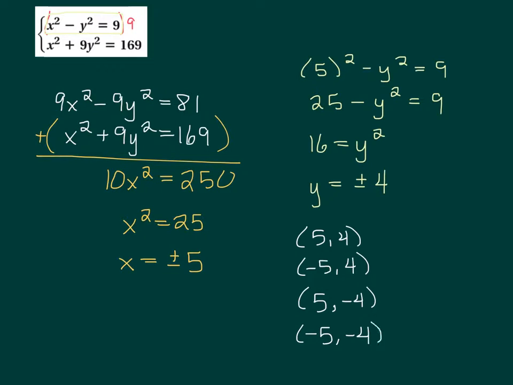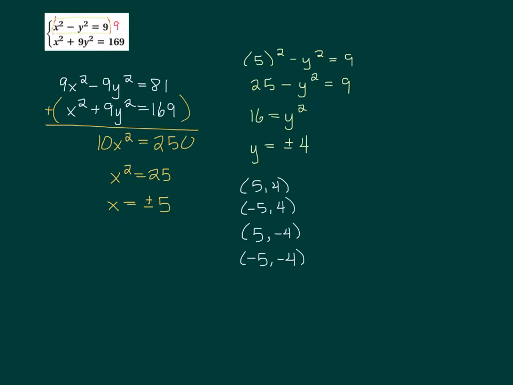Does it make sense that we would have 4 intersection points? What two conic sections are we dealing with here and here? This one is a... So let's graph these to see what it looks like. How do I have to adjust these to put them in the calculator? I have to solve them for y.